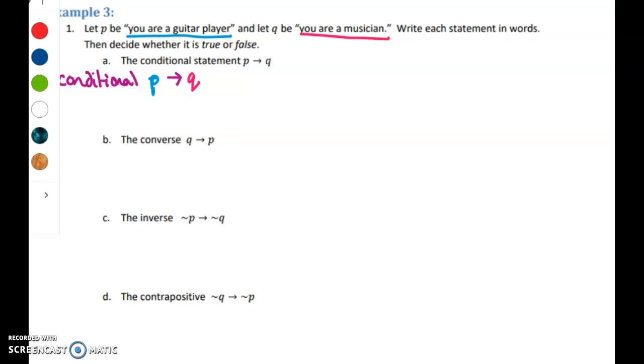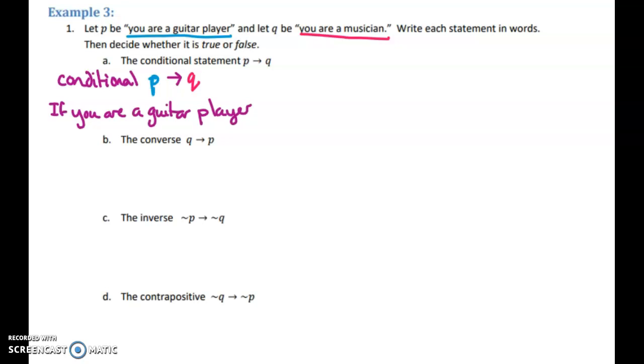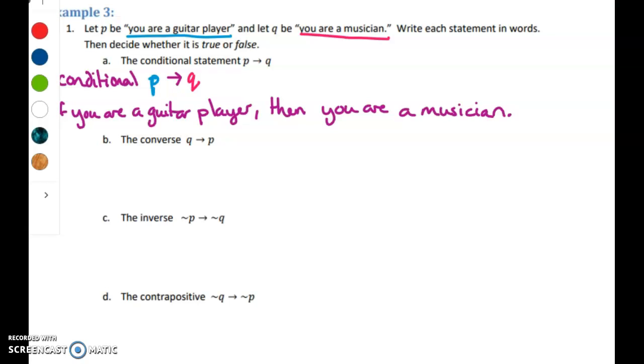Now, if I want to write, you are a guitar player, you are a musician, as an if-then statement, I wrote, if you are a guitar player, then you are a musician. Just to help myself, my hypothesis is in blue, and my conclusion is in this pink color.